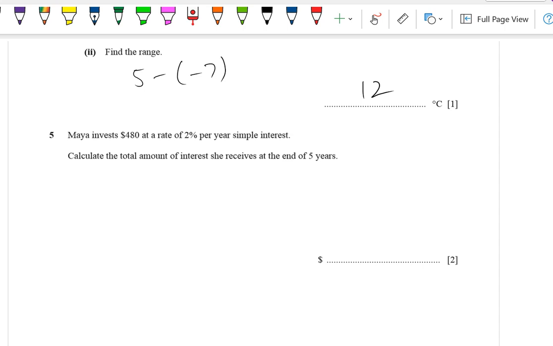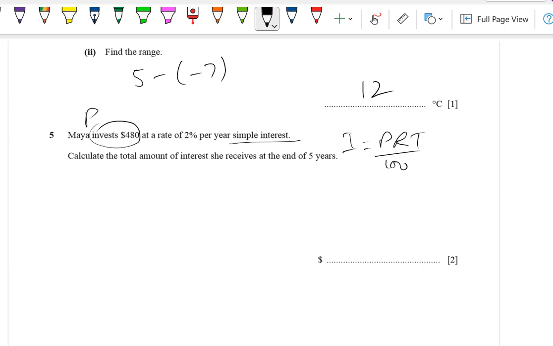Calculate the amount of interest. So it's a simple interest. I is equal to PRT over 100. Your P is basically your investment.